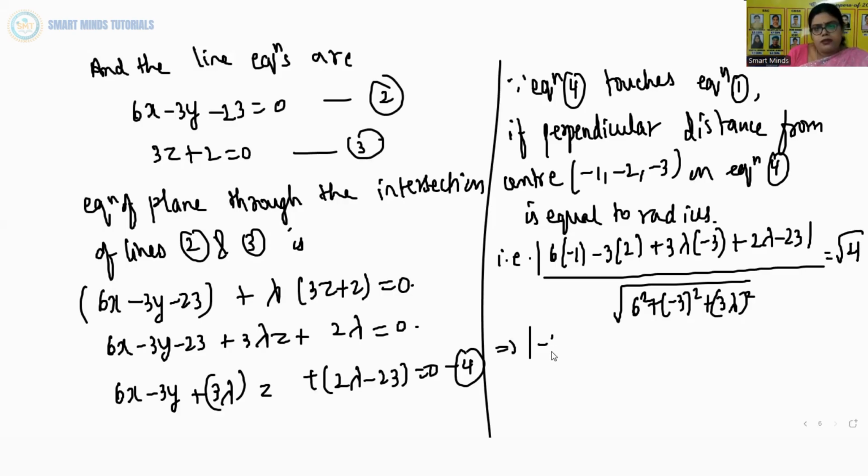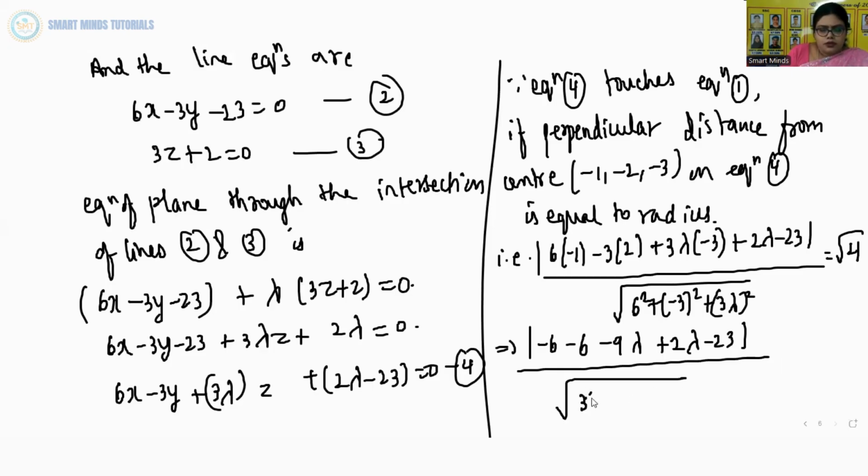So we get minus 6 minus 9 lambda plus 2 lambda minus 23 by root over 36 plus 9 plus 9 lambda square equals root 21.